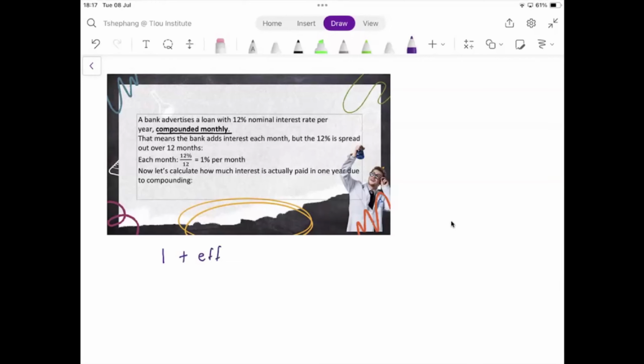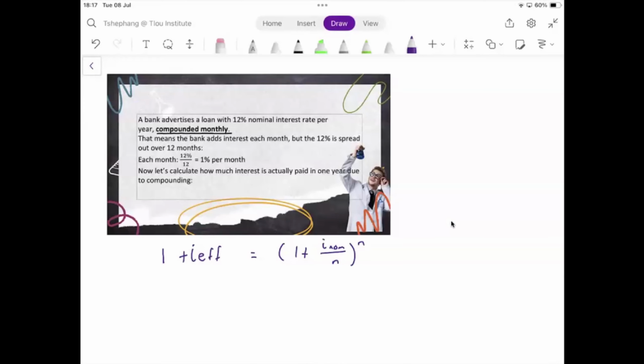Right? Now I know this is i effective. Okay? Then this is going to be equal to (1 + i nominal over n) to the power of n. If you have your own mnemonic that helps you remember this, that's perfect. Because I always used to confuse the positions of the nominal and the effective.